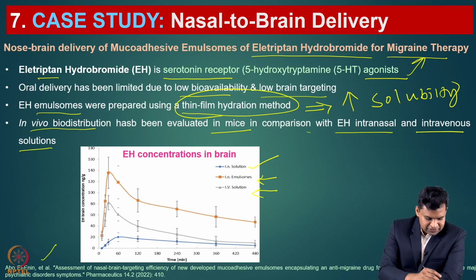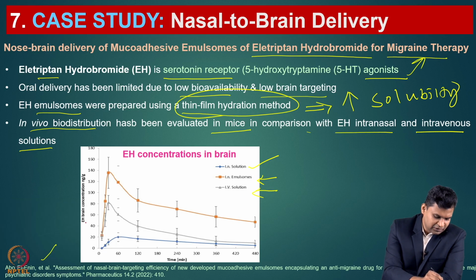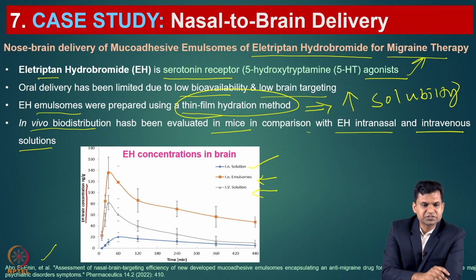Now, this graph will explain. Here you can see the drug in the brain. The concentration of drug in the brain is represented in nanograms per gram, and here you can see the time in minutes. After every time interval, they sacrificed animals and looked at the amount of drug in the brain. That speaks about the biodistribution.